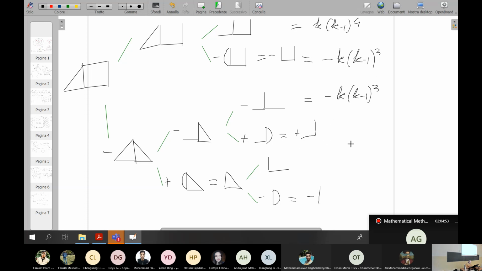This is 3 vertices, so this is k, and with plus sign, k times k minus 1 to the second. And also this is k times k minus 1 to the second, and this is 2, and so it is minus k times k minus 1 to the first, okay? And so what I get is the sum of all these, which means what?